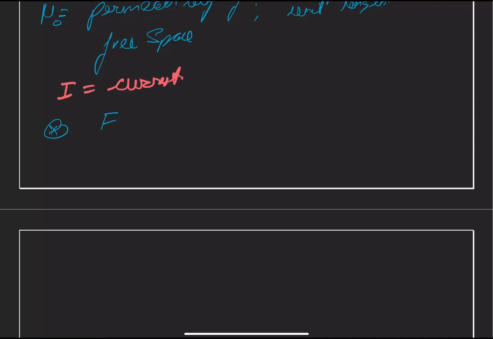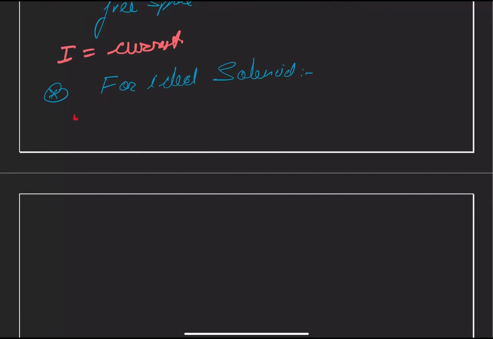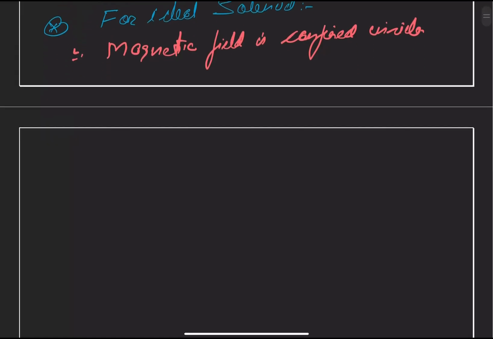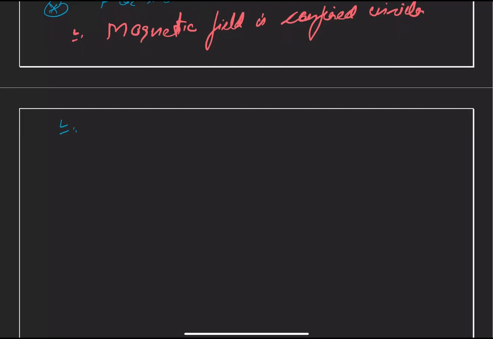So for an ideal solenoid, the magnetic field is confined inside the solenoid, and second, the magnetic field outside is 0.